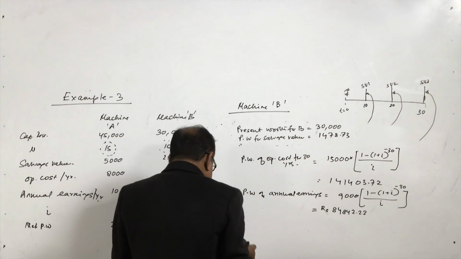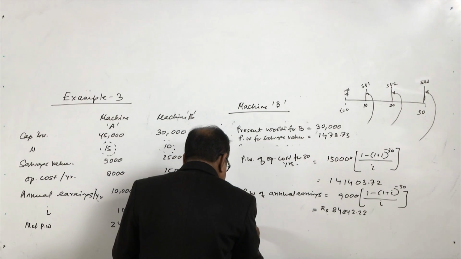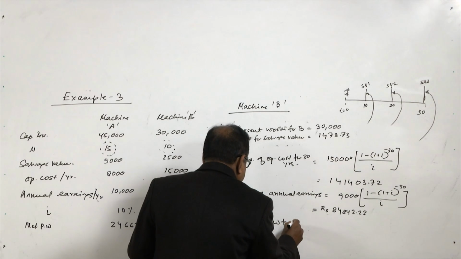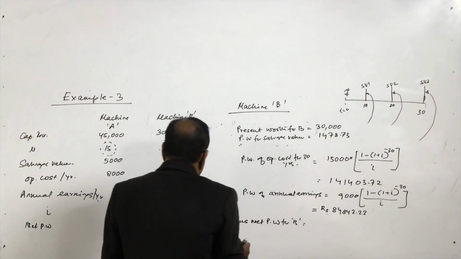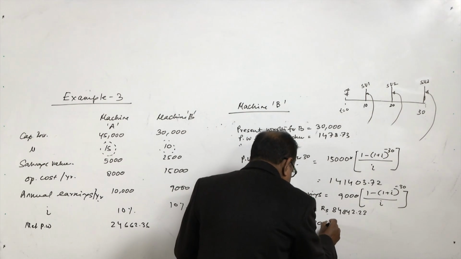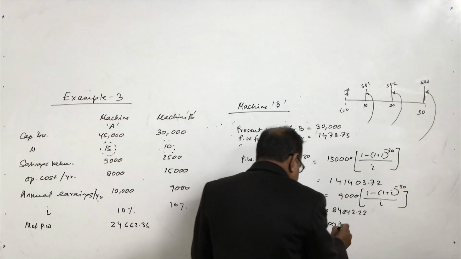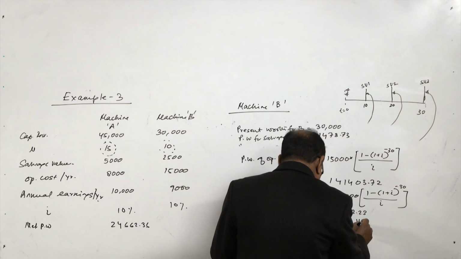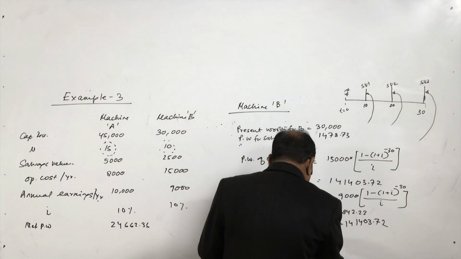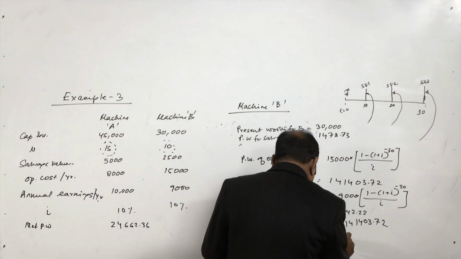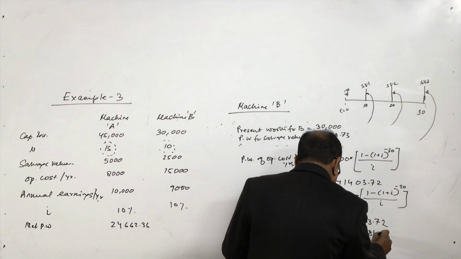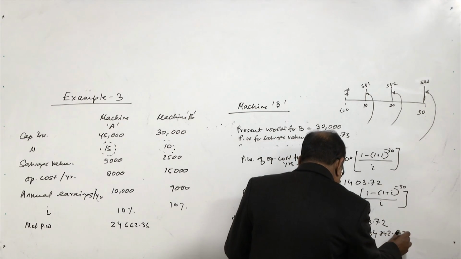Now, net present worth for B is equal to 30,000 plus 141,403.72 minus 1478.73 minus 84842.23.